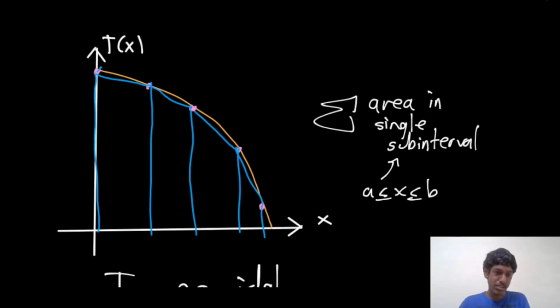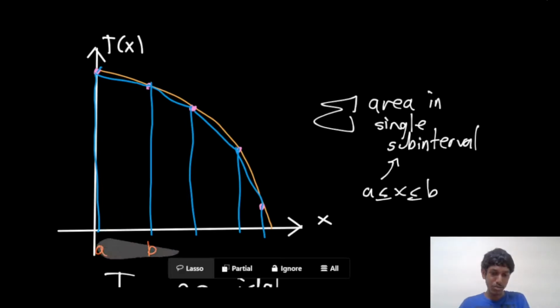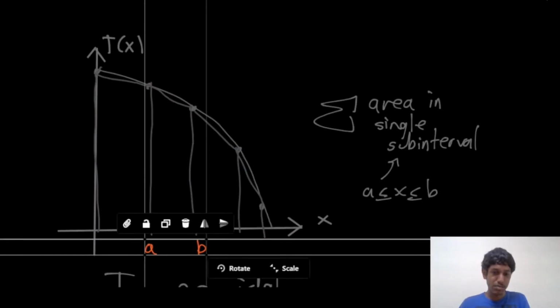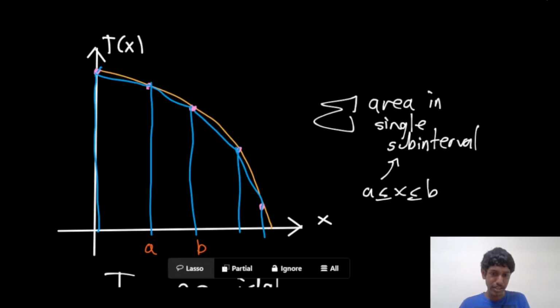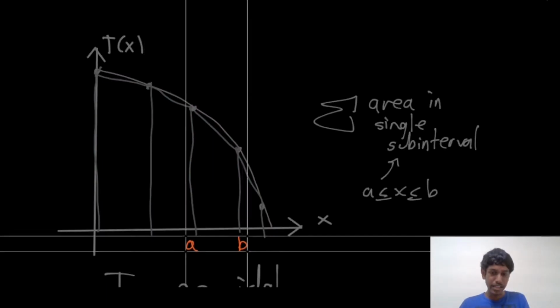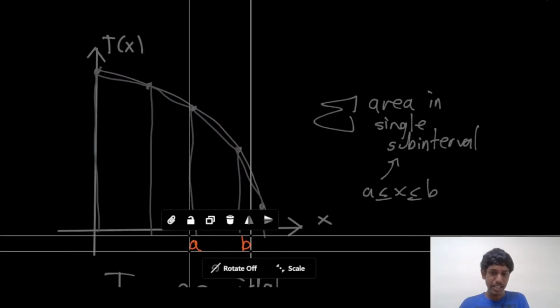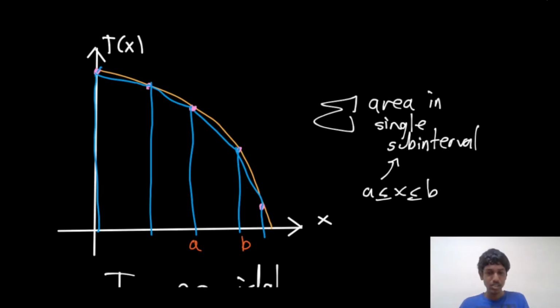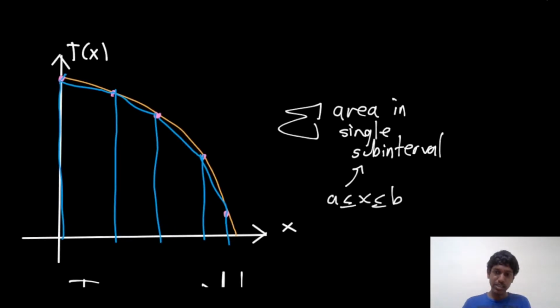So for example, if we know what this area is between that a and that b, then all we have to do is shift the a and b over, and then find the new area, which would be this area. And then you shift it over again, and so on and so forth until you've shifted over and found all the areas. We'll do the same thing with the table, as you'll see shortly. And that is going to be approximately equal to the total area.